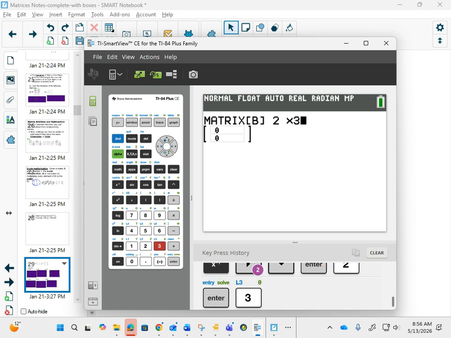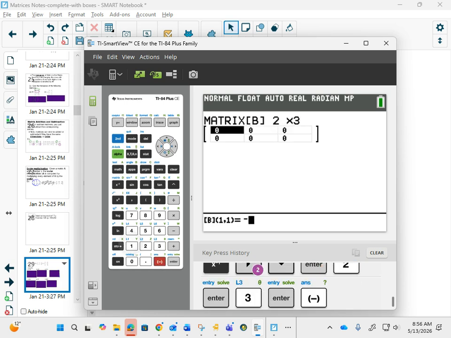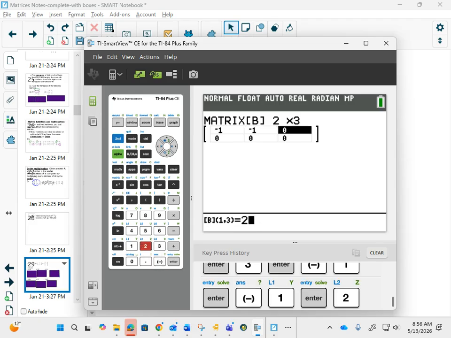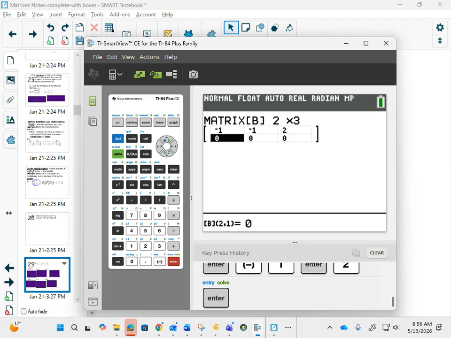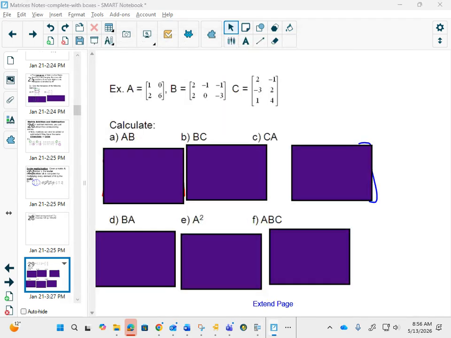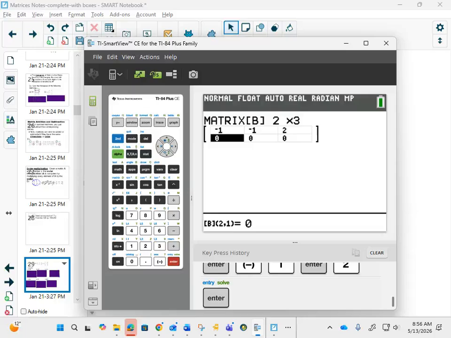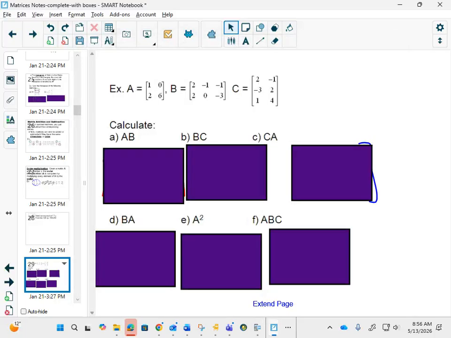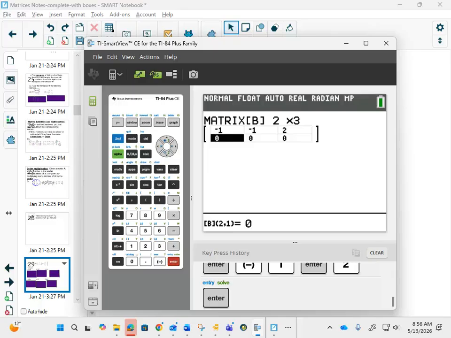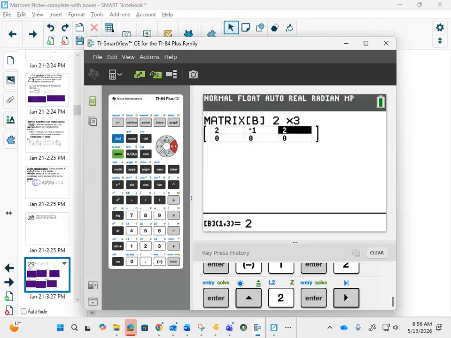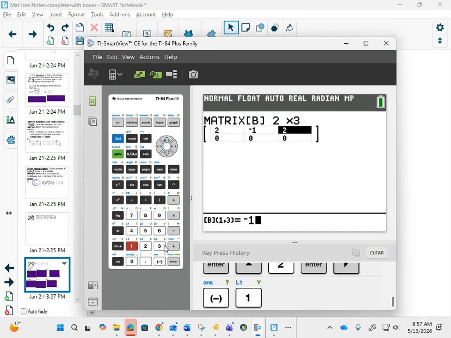2 by 3. And then it was -1, -1. Make sure you use the negative sign. -1, -1, 2. What were my next 3 numbers? 2, 0, -3. Oh, I wrote it in wrong, didn't I? 2, -1, -1. Oh my goodness. 2, -1, -1.